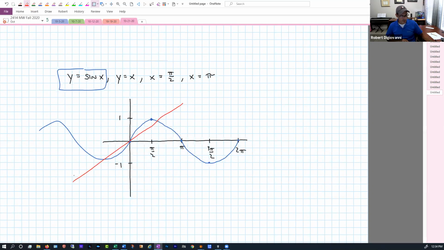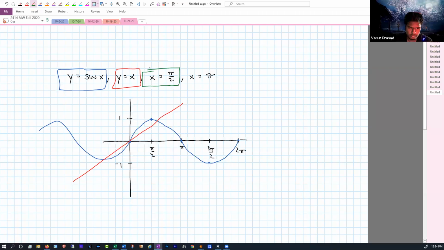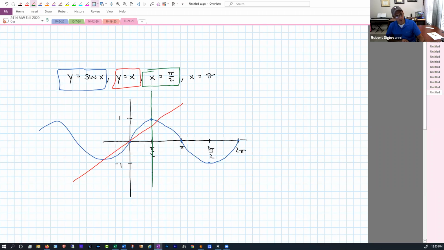And then we want the green function, which is, what is x equals pi over 2? What is that if I draw it? It's a vertical straight line up and down. The vertical line, so it looks like this. And then I'm running out of colors, we'll do it in orange. X equals pi, which looks like that.